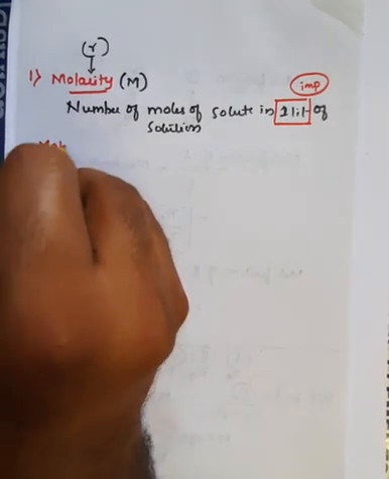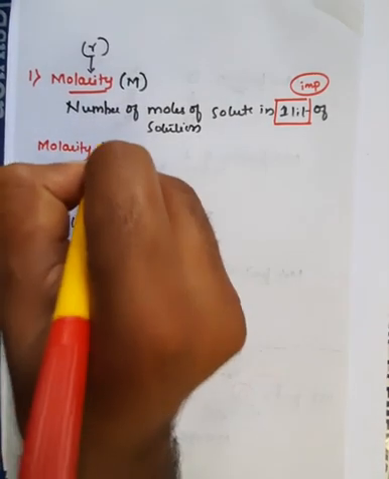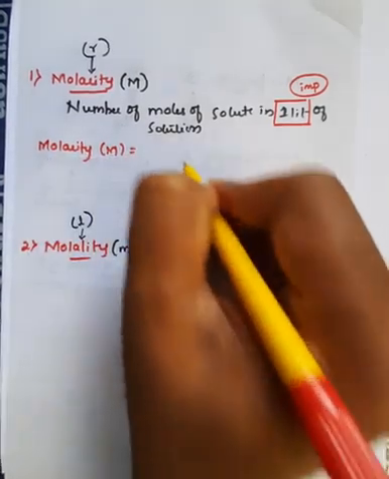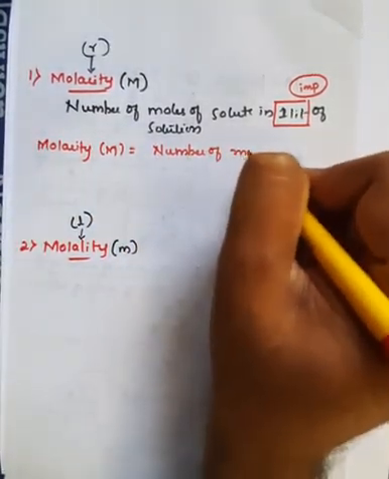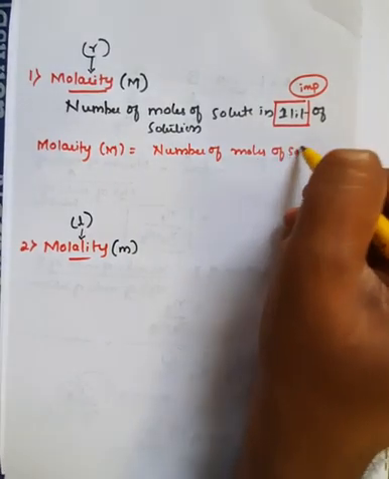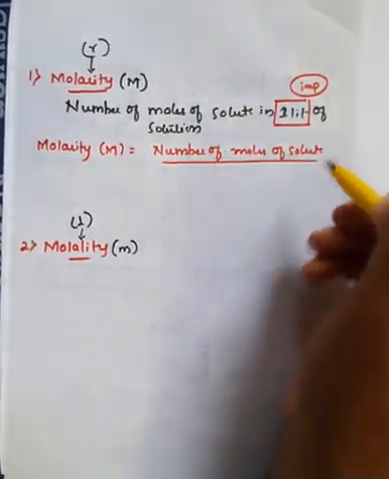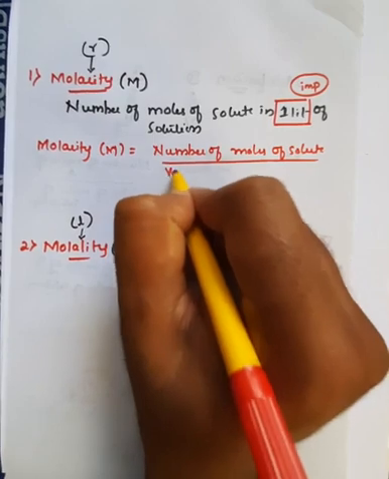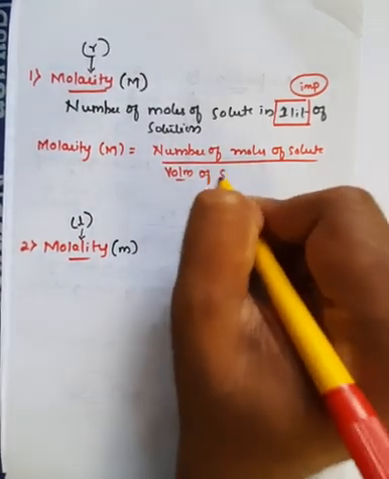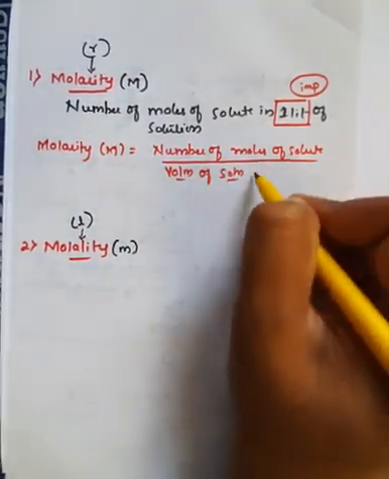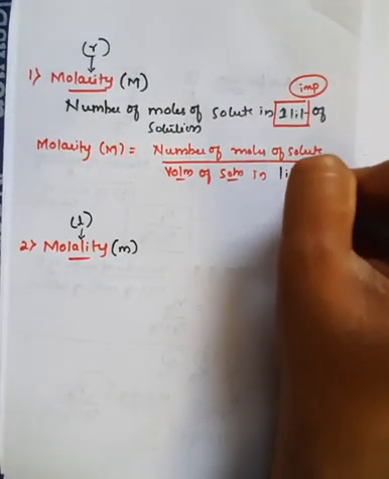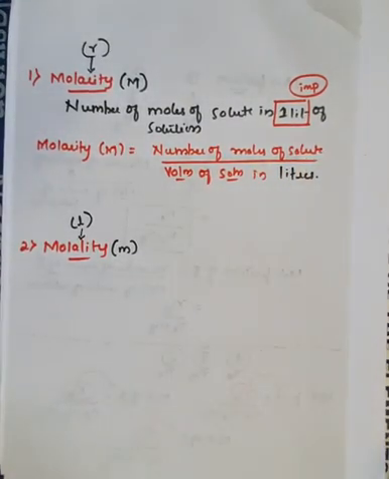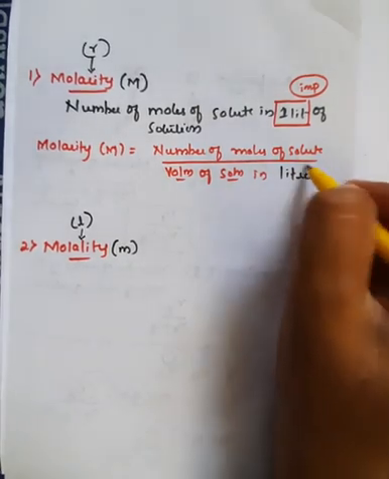Therefore, molarity M is equal to the number of moles of solute divided by the volume of solution in liters. This word is very important, always remember, volume of solution in liters, right?